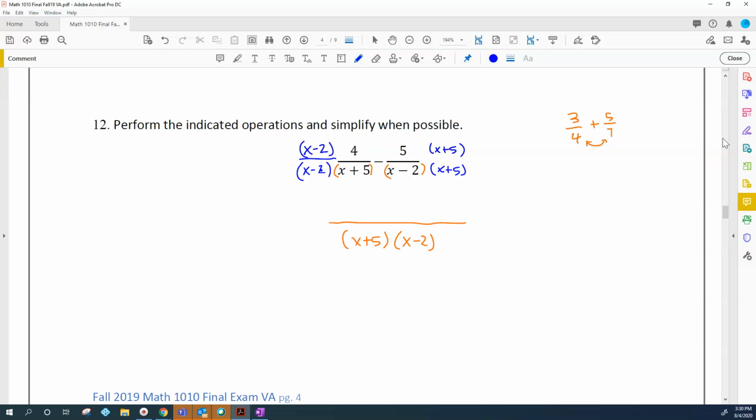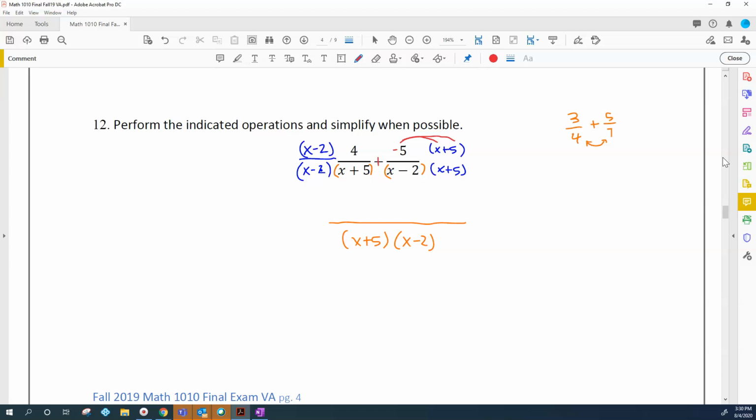And so then I need to distribute these through, but I want to caution you on one thing here. See this minus here? A lot of times this minus sign gets overlooked. So if it's a minus like that, I would change it to plus a negative 5, so that you're really distributing a negative 5 through there, so you don't forget about that negative.